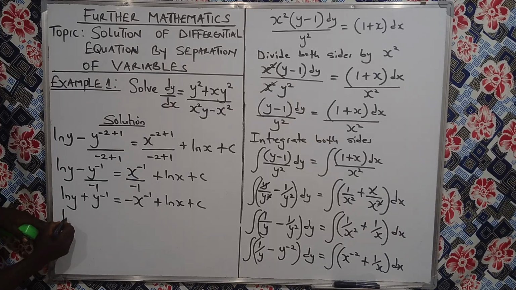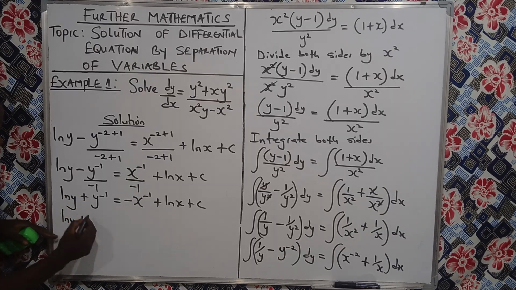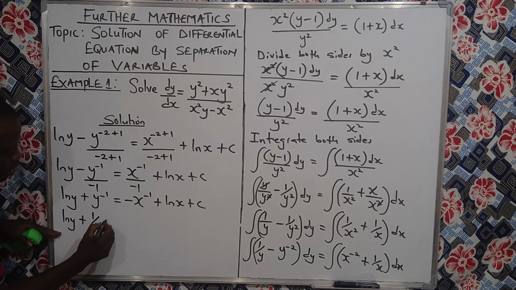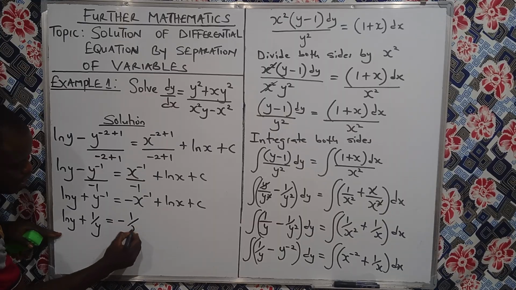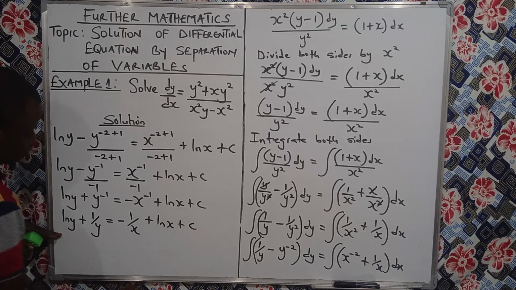Now you have ln y plus y raised to power minus 1, in indices that is 1 over y, equals minus. We want to remove this negative in indices. It will turn to 1 over x plus ln x plus c.